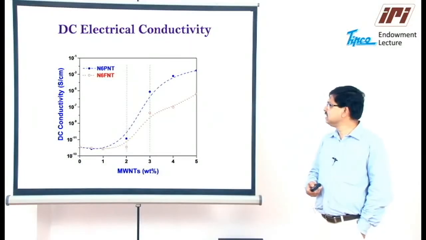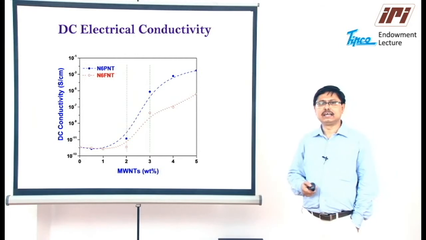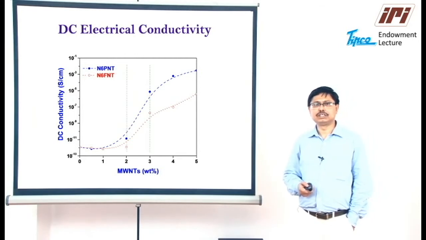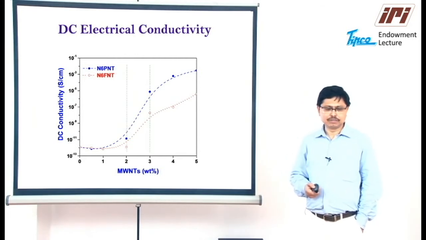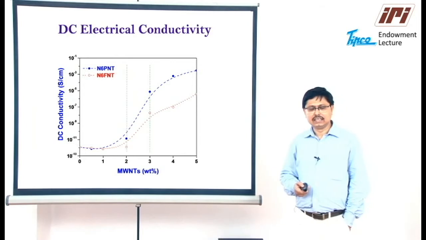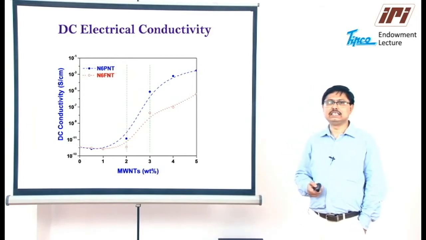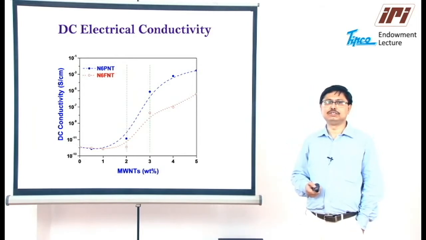So one can see the dependence of DC electrical conductivity as a function of multi-wall carbon nanotube concentration, and the percolation threshold in these polyamide 6 composites lies between 2 to 3 weight% carbon nanotubes.